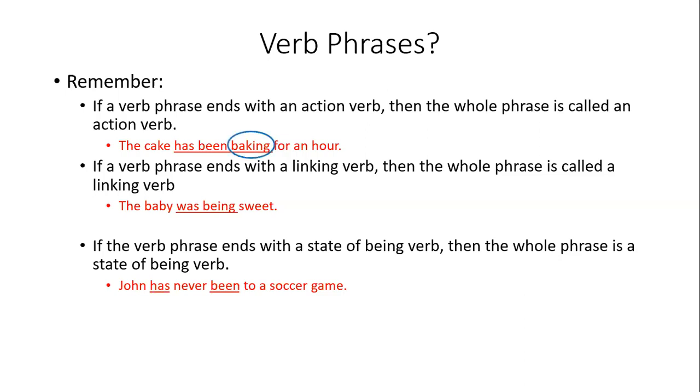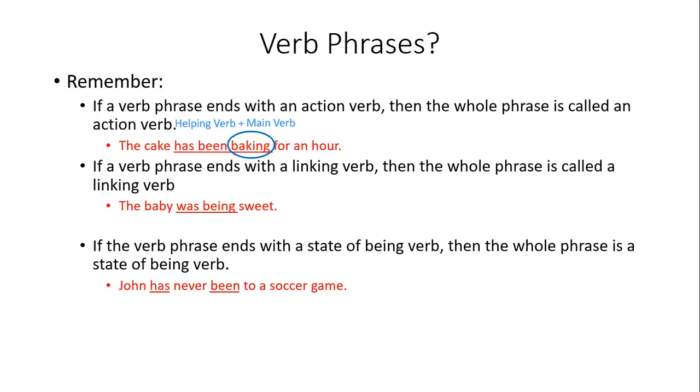We see the word baking. And because we've worked with verb phrases before, you can identify baking as being the main verb in this verb phrase, has been baking. Because don't forget that for a verb phrase to be a verb phrase, you need a helping verb or helping verbs and the main verb.